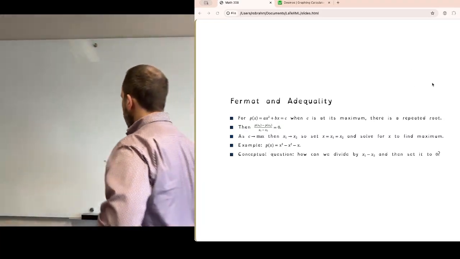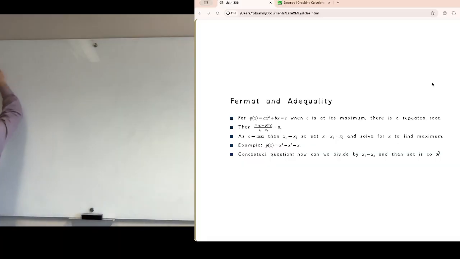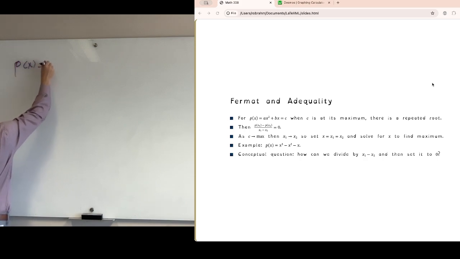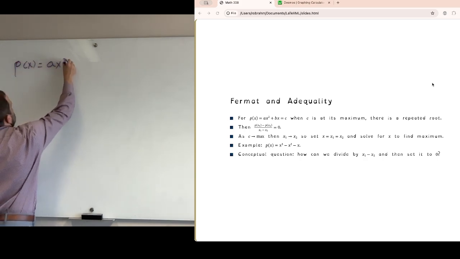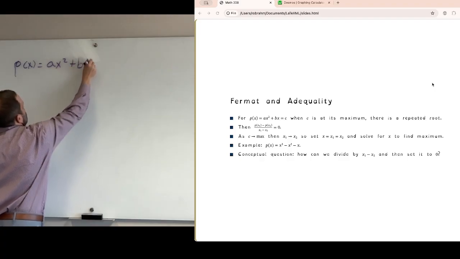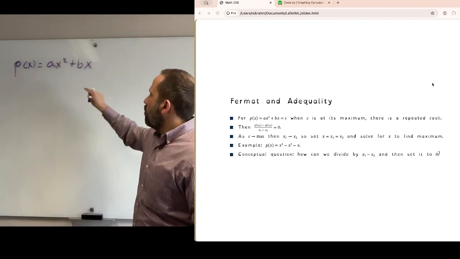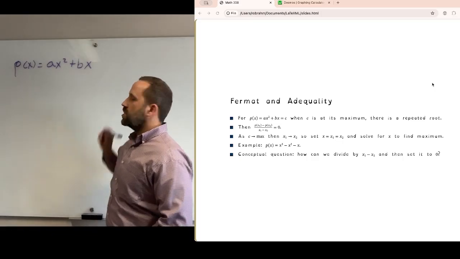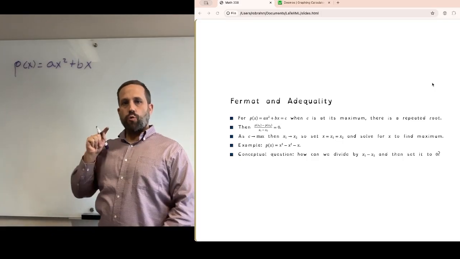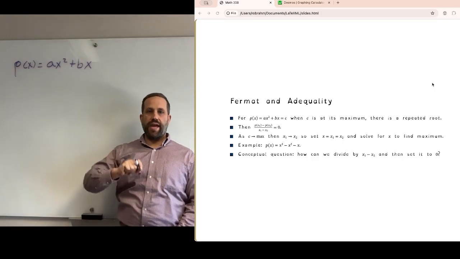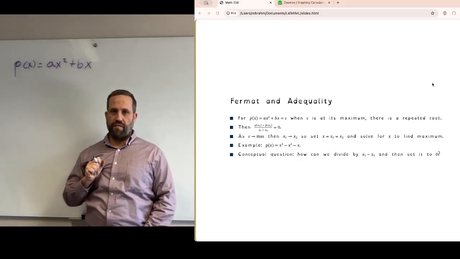Okay, so let's look at this a little more generally. Let's imagine we have, I'm going to illustrate this with a quadratic polynomial, P of x is equal to ax squared plus bx. And then we want to know what the maximum value of this is. Really what we want to know is the location, the x value that gives the maximum value.